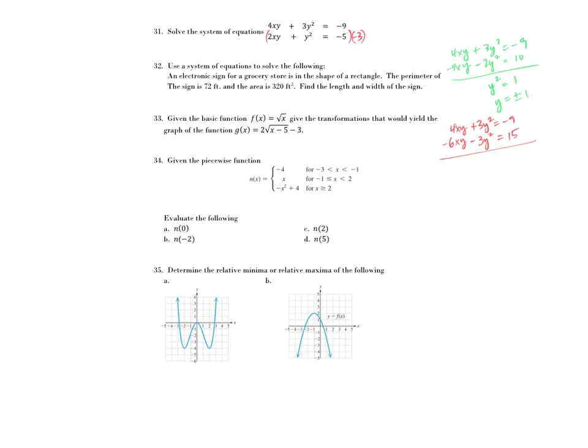If I add those, I'll get -2xy is equal to 6. So I can divide by -2 and I'll get xy is equal to -3.